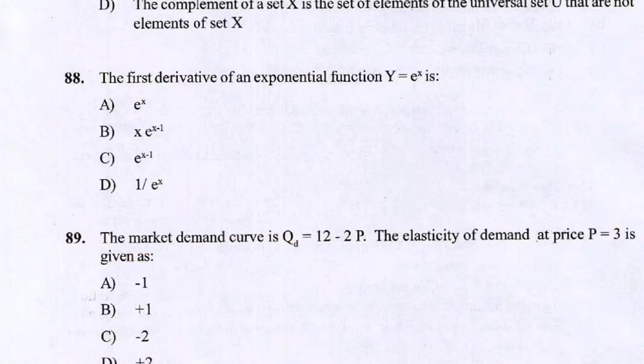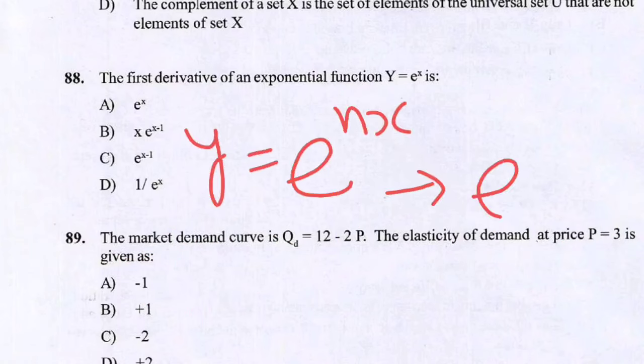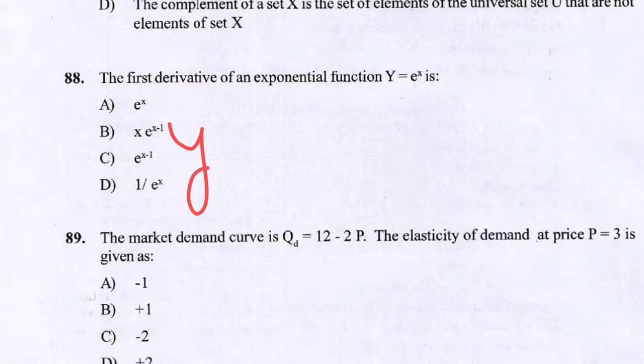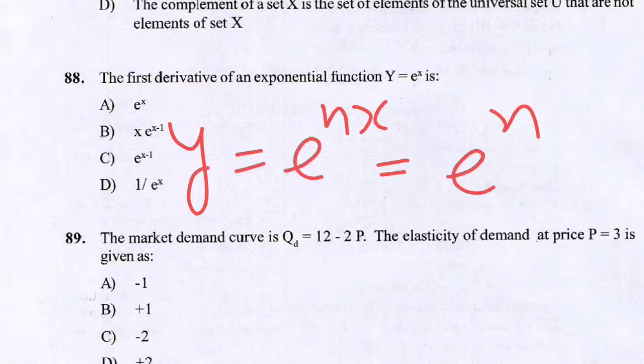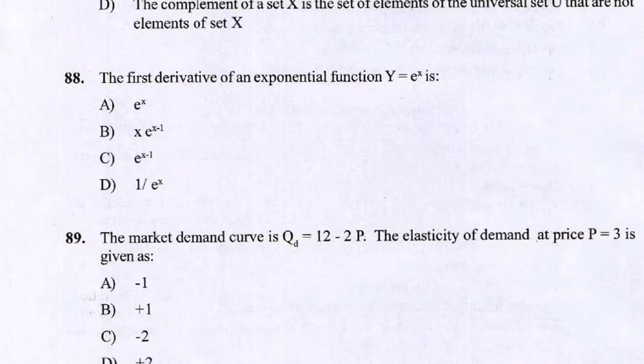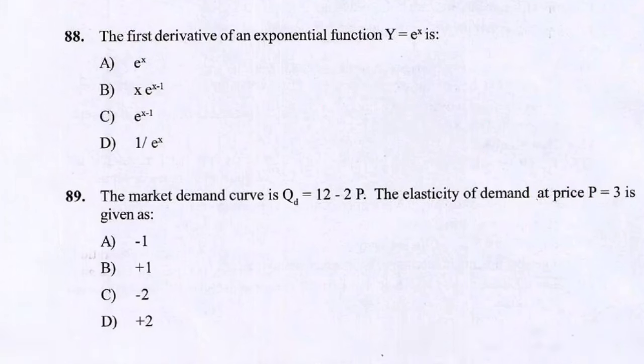In fact, if we have y is equal to e raised to the power nx, its derivative will be e raised to the power nx times n, the derivative of the exponent. So the correct option should be A here.